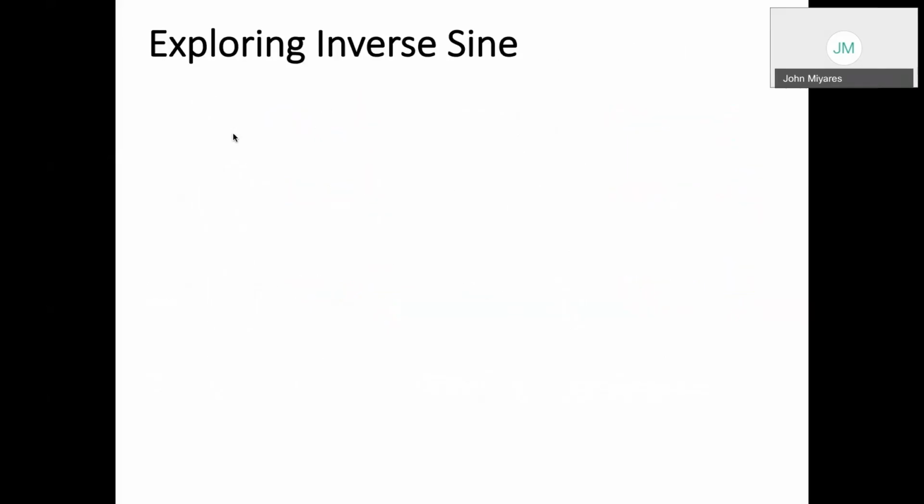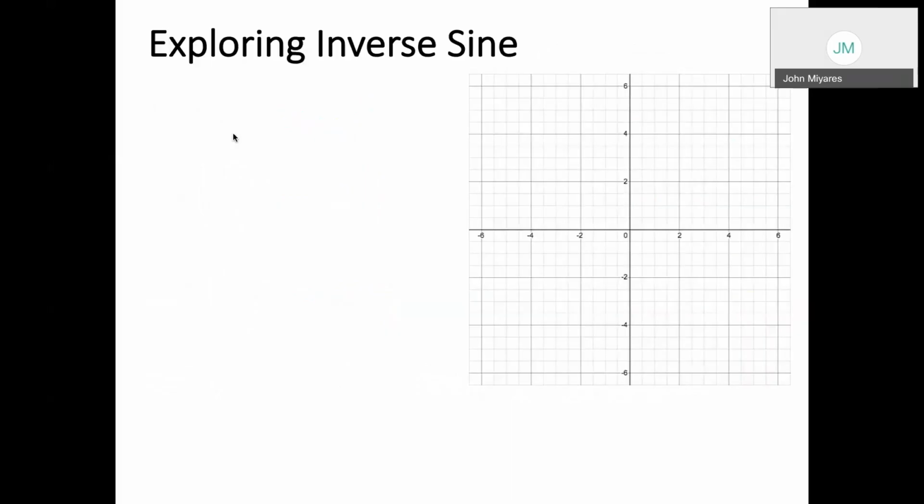Let's look at each of these from the functional perspective. If I was to graph the function y equals sine x, we get the sine wave that we're all familiar with. I've left the axes labeled with integers rather than with multiples of pi here because it will be easier to interpret things when we look at the inverse and flip things over sideways.